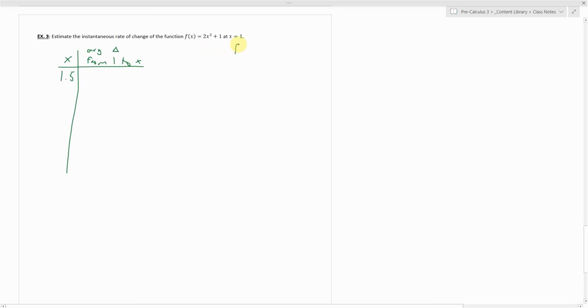First of all, let's figure out what the function value is at x equals 1. That'd be 2 times 1 squared plus 1, which is 3. And then if we think about slope, our unknown coordinate pair will always have coordinates x, comma 2x squared plus 1. The function value is always going to be given by 2x squared plus 1 for this function.